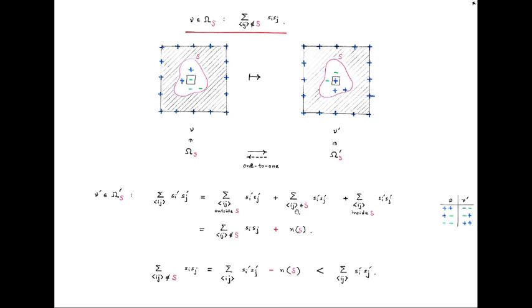But when the bond is separated by S, then there is a change produced, because now you have changed the signs only on one side. So earlier SiSj was -1, but now Si prime Sj prime will become +1. And earlier you got the minus Ns, so now you will get plus Ns.